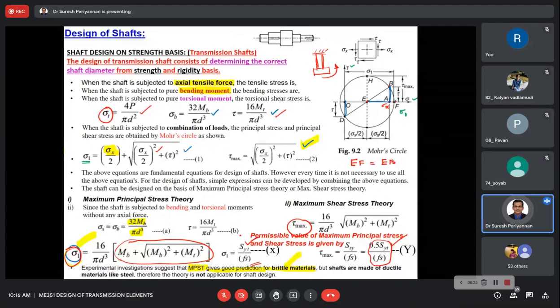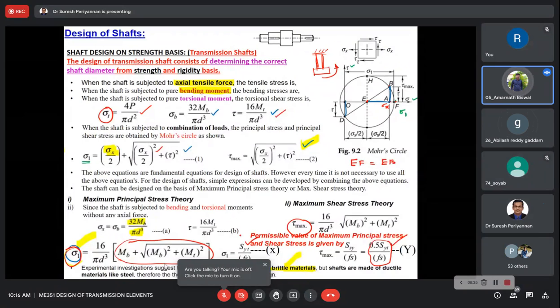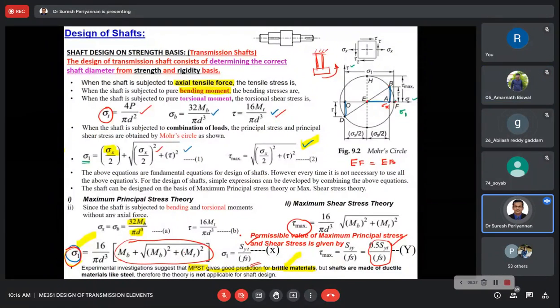Whatever I circled, what can I call these terms? Bending moment and torsional moment. Yes, bending moment, torsion moment, but what is the correct terminology? Resultant? Equivalent.